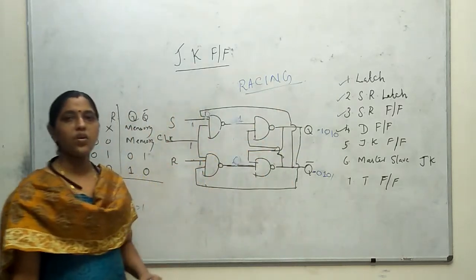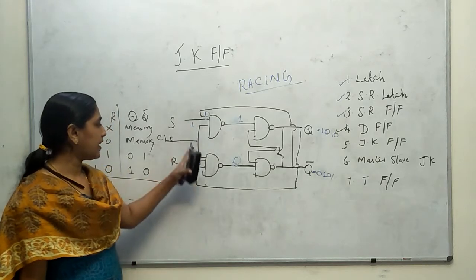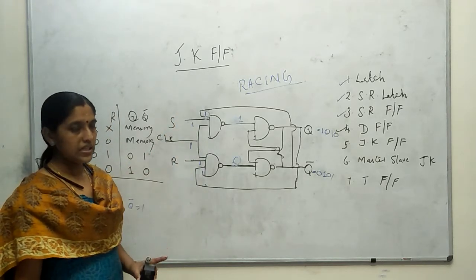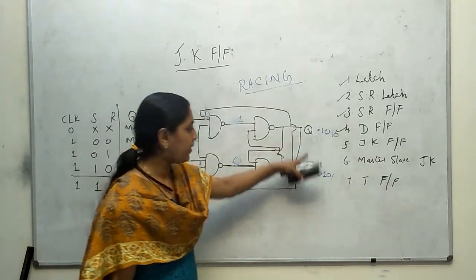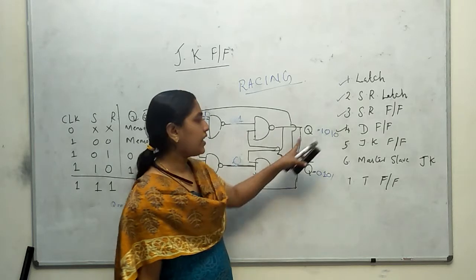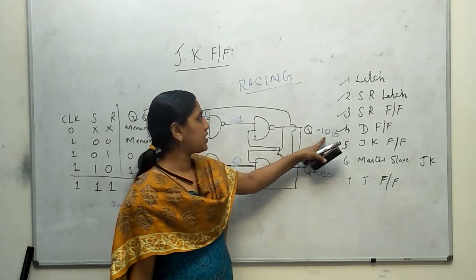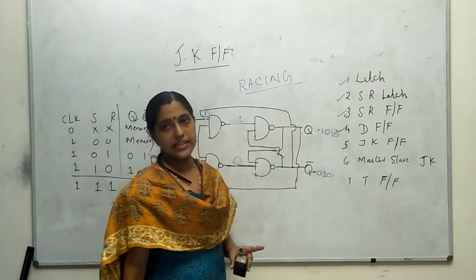Racing: uncontrollable output. When both S and R are equal to 1, if I am giving such a feedback system, then the output will go on changing uncontrollably. This particular case is known as racing.